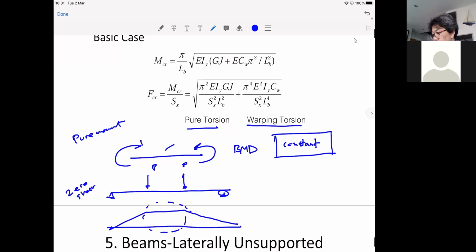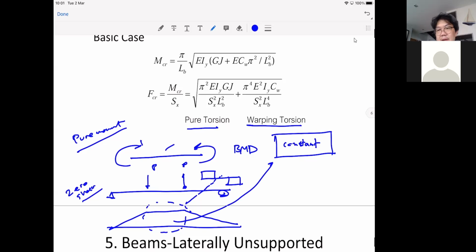right? So either you have no force applied, just pure moment, or when you have the force applied, but you encounter the case where you have zero shear. Because in this beam, your shear force diagram is like this, right? So zero shear here results in constant moment here. So the only case where we have a constant bending moment diagram like this is pretty rare.